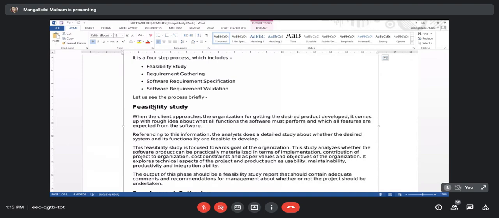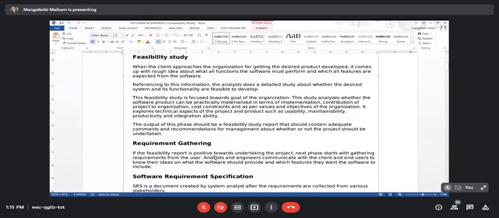Here we study what kind of software we are going to develop, what we require for implementation, what the cost constraints of the development process are, and what the objectives of the organization are. All this we need to study initially before we start requirement gathering. That process is known as feasibility study.